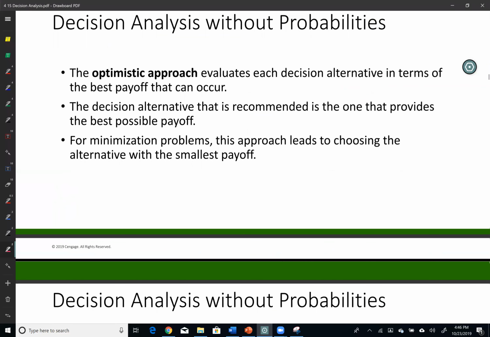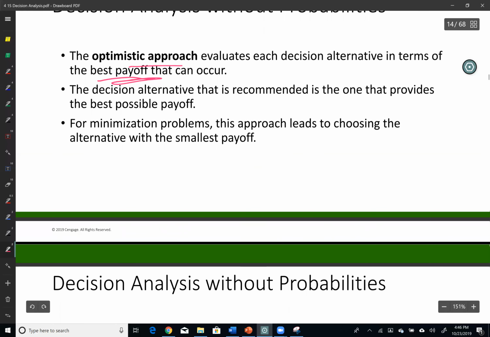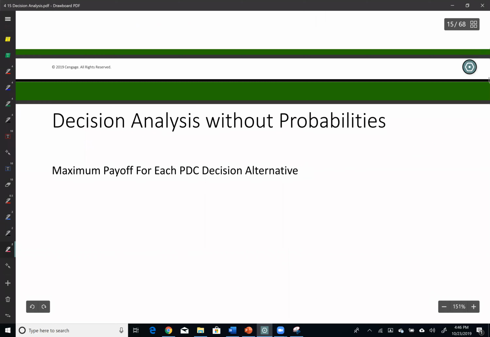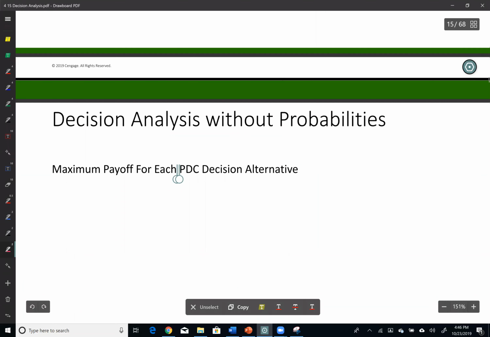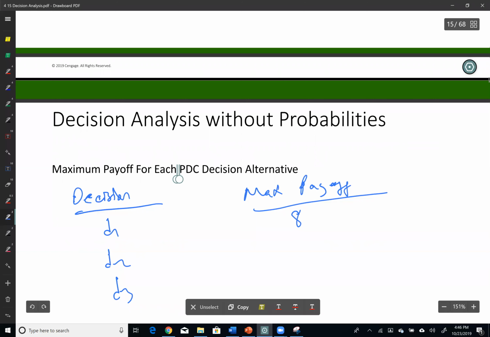All right, so let's focus on optimistic approach. And I will make decision based on the best payoffs. So let's solve this based on that. So I have decision alternatives of D1, D2, D3, small, medium, and large condos. And here I have the maximum payoffs that are given for me. For D1, small condos, 8 million, D2, 14, and D3, 20.